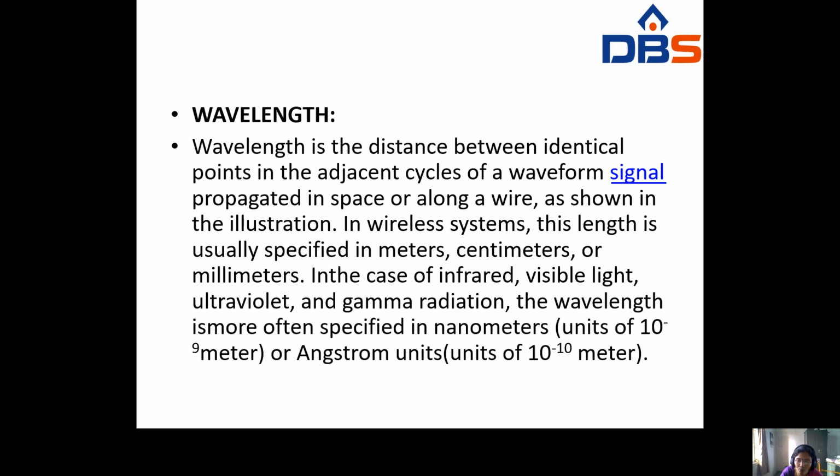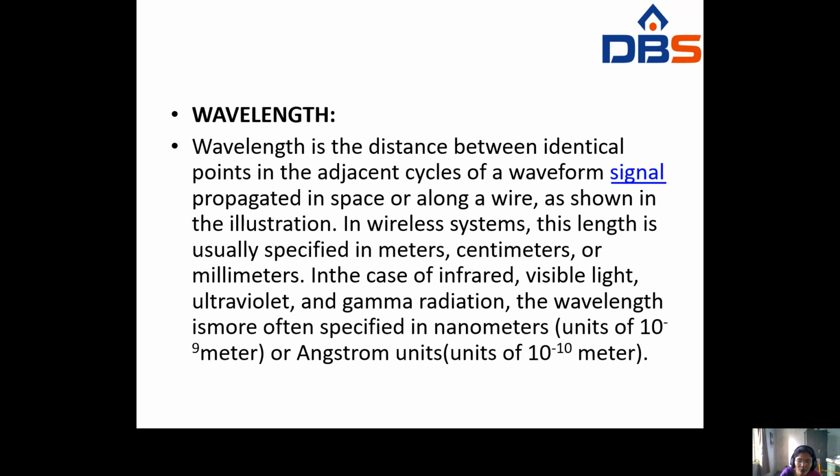In the case of infrared, visible light, ultraviolet and gamma radiation, the wavelength is more often specified in nanometers or in angstrom units.